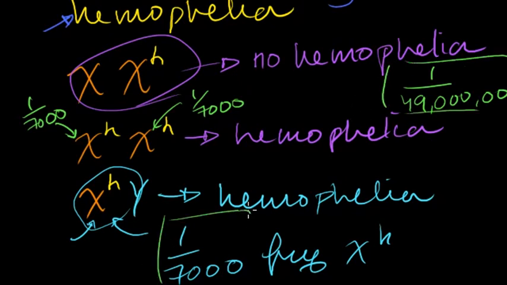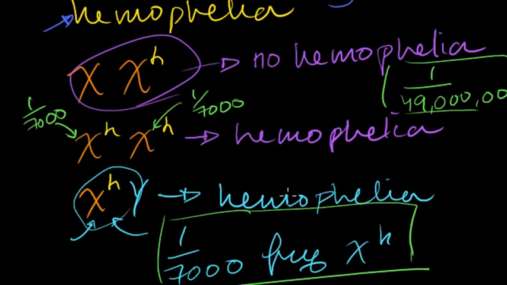And in general, for any recessive sex-linked trait, men, if they have it, are going to show it because they don't have another X chromosome to dominate it. Or for a woman to show it, she has to have both versions of it.